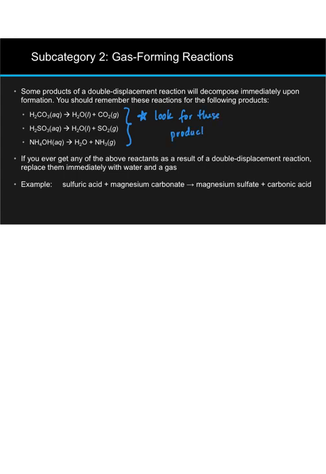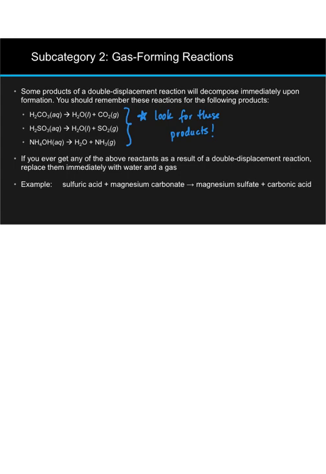So in addition to looking at our solubility rules, we'll also be needing to keep an eye on these potential products: carbonic acid, sulfurous acid, and ammonium hydroxide.